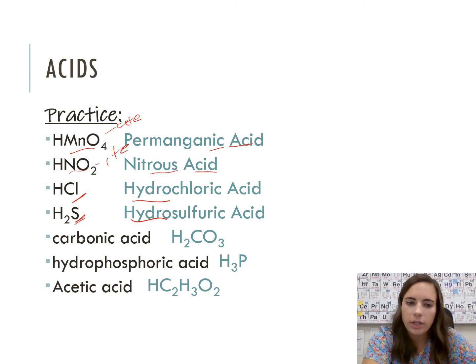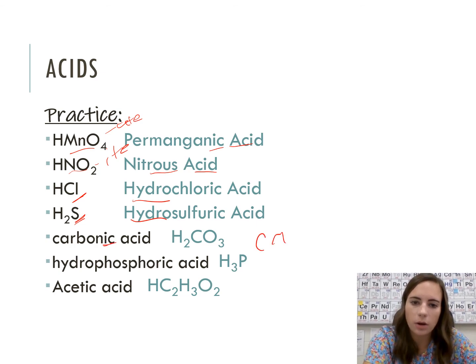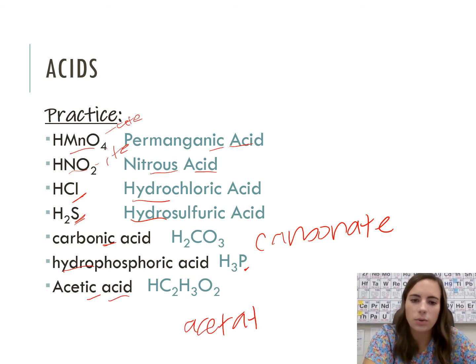All right, down here, carbonic acid, this ic tells me that this was with carbonate. Hydrophosphoric acid tells me it was just with phosphorus. And acetic acid tells me that this came from acetate.